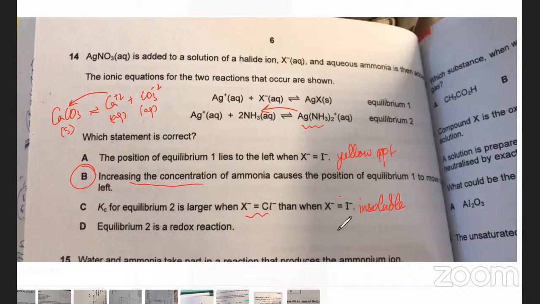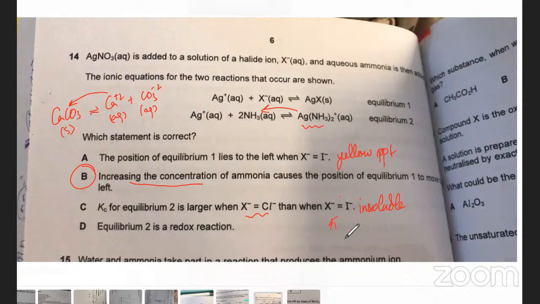Iodide precipitates are insoluble in ammonia, which basically means that you add ammonia, nothing happens to it. You add silver ions to ammonia, it does not dissolve. So it does not form this complex. The reactants just remain as reactants. Is that point clear?